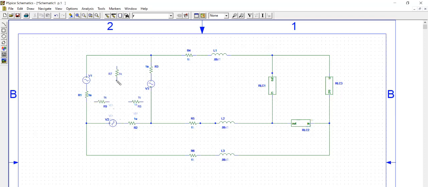Now make Y connection. And take ground and place the ground at the center of this Y connection. These resistances are very large values, so let's make them 1 mega.